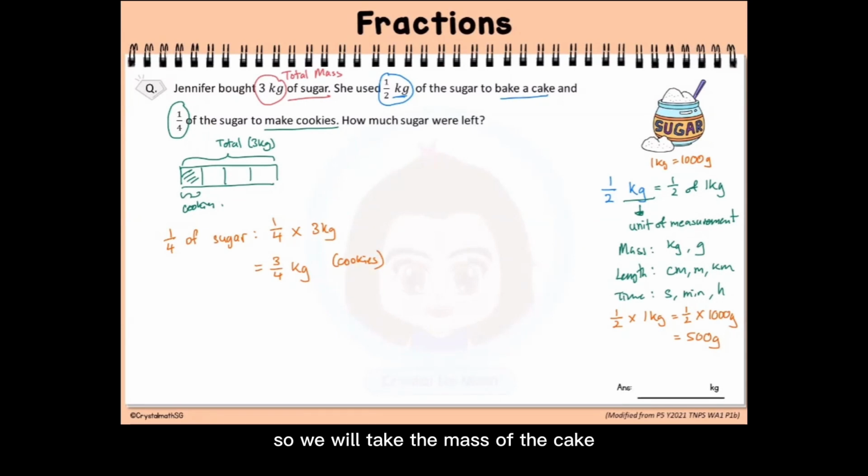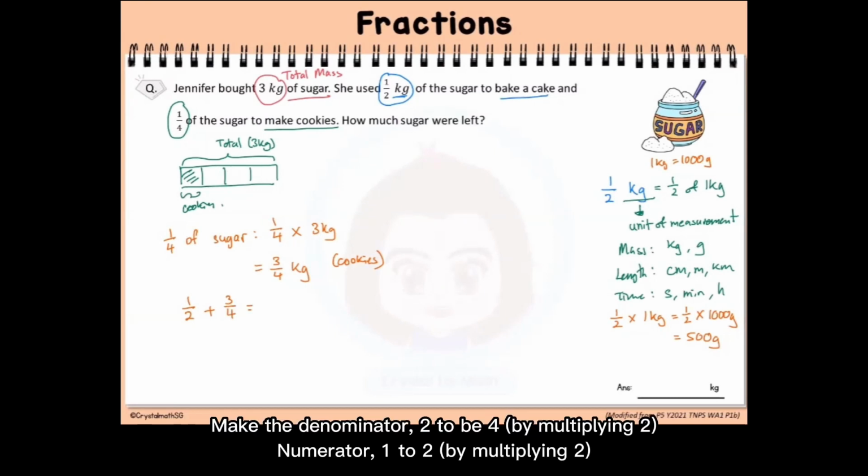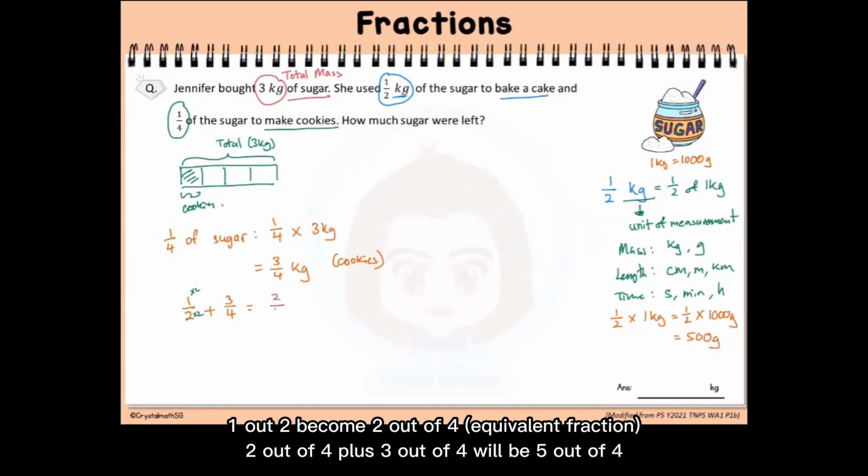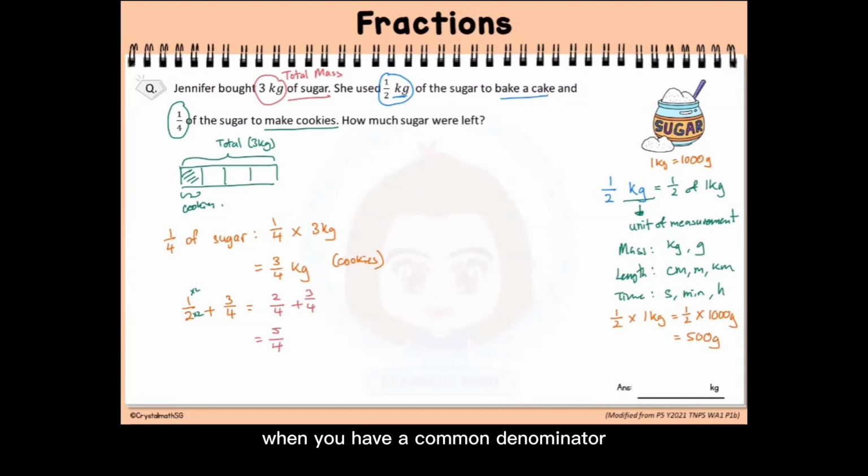So we take the cake sugar plus the cookie sugar, using what you learned in P3, common denominator. 2 out of 4 plus 3 out of 4 gives you 5 out of 4. When you have a common denominator, you can just add the numerators together.